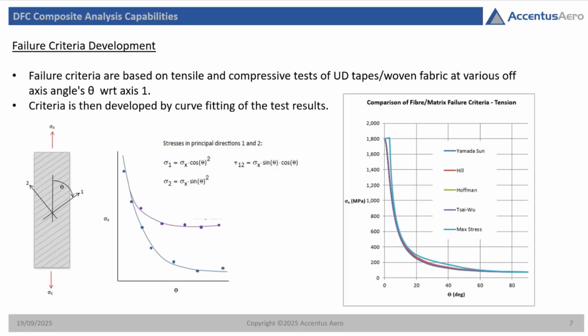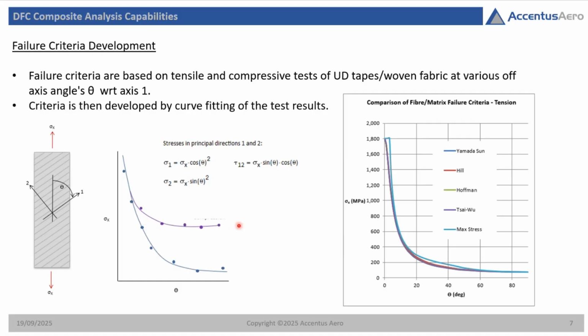Just a note on how failure criteria have been developed. Basically, they take a small test coupon and do tensile and compressive tests of the material at various offset angles with respect to the one axis of the ply. Then you get a curve, something like this, that gives you the allowable stress versus angle.